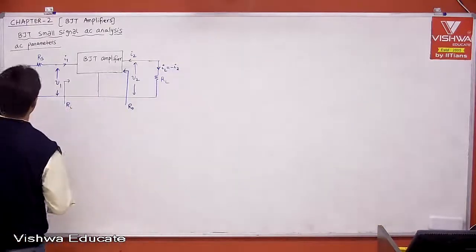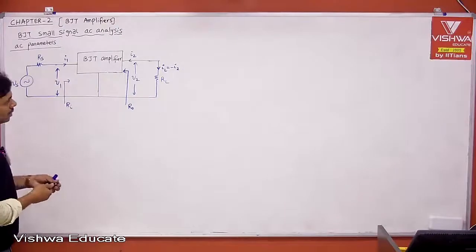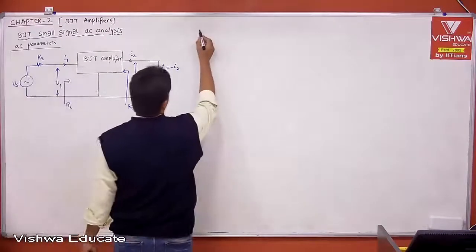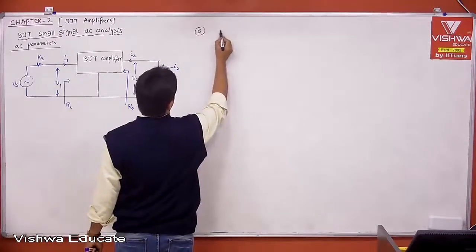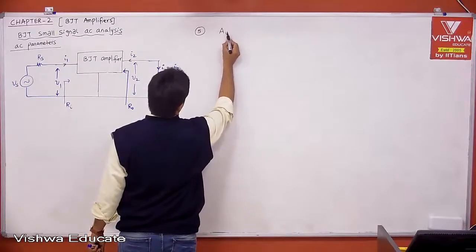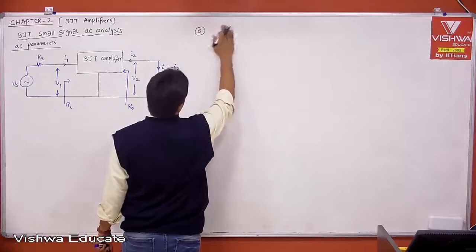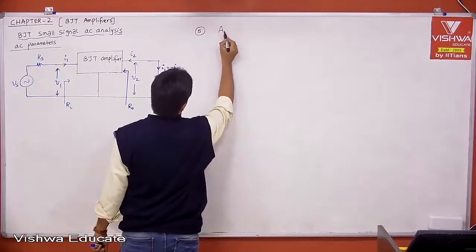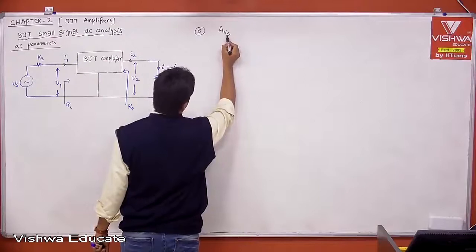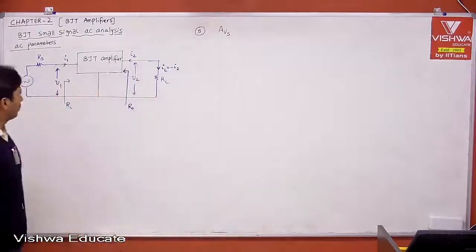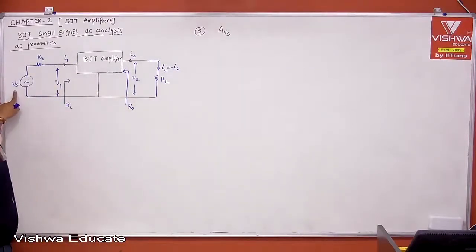First of all, if this is a practical voltage source, then, just to continue, let me speak about AVS. What is AVS? The voltage gain with source resistance, the real source, therefore the voltage gain with respect to the real voltage source.